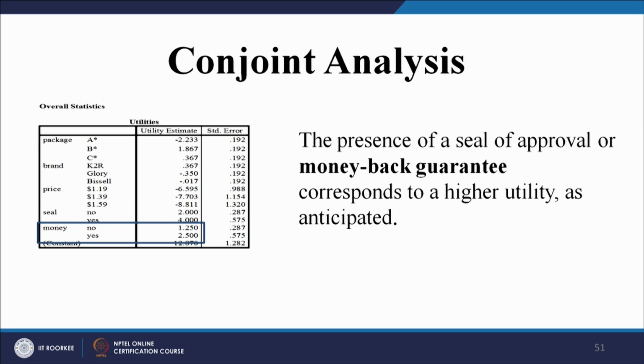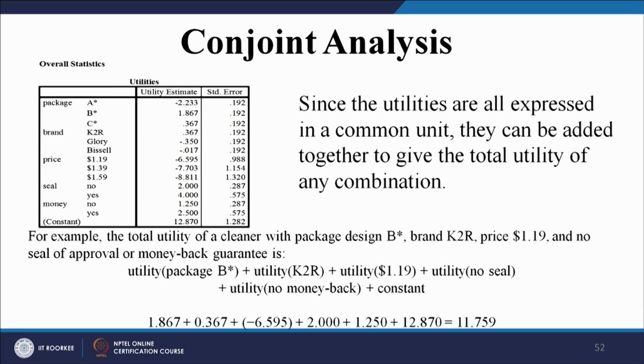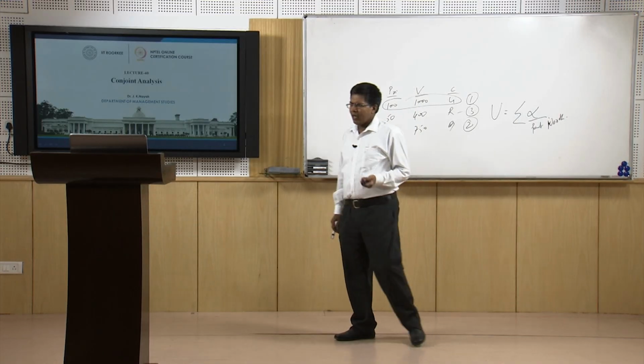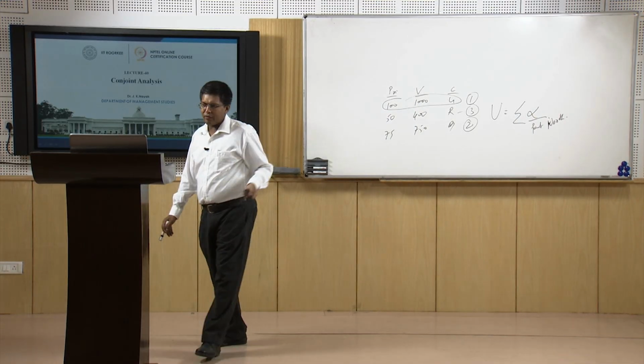This I have already explained. Now let us look at this. Since the utilities are all expressed in a common unit, they can be added together, that is the beauty. So I said utility is equal to the summation of alpha, where alpha is a part-worth.